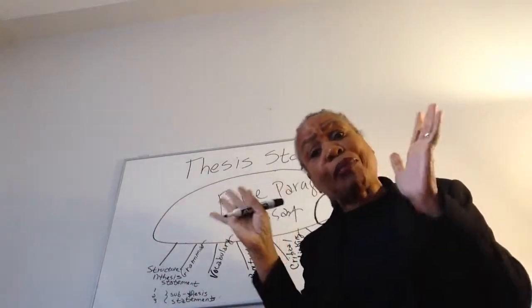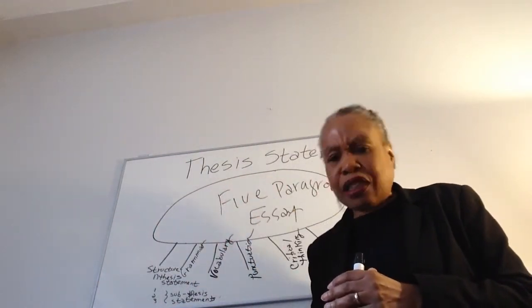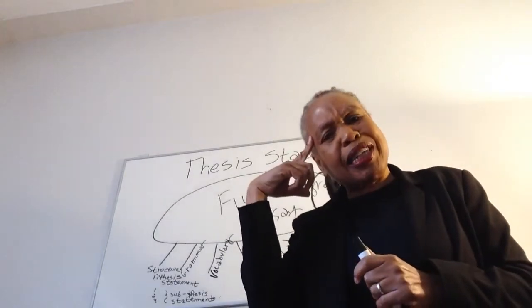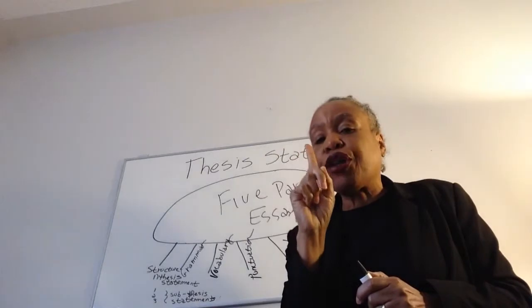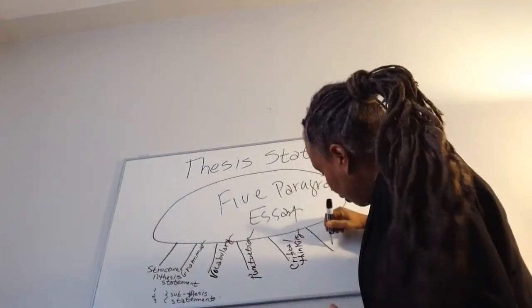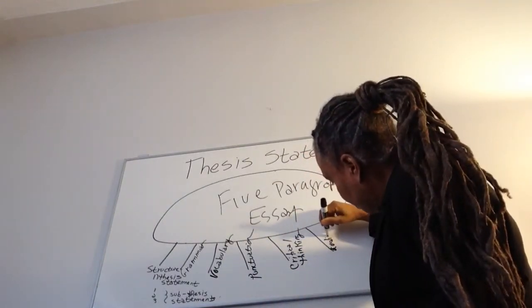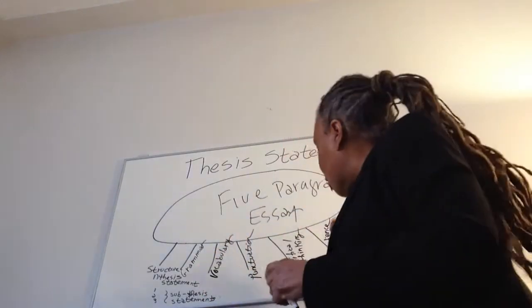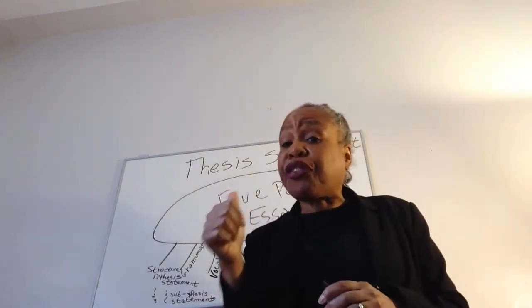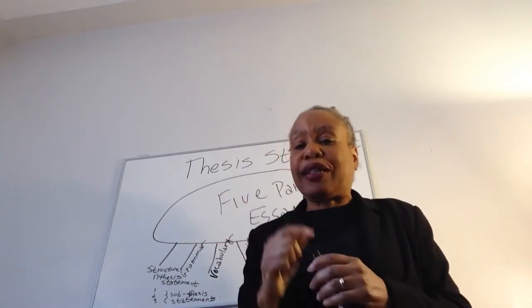Even if you're a grade school or middle school student, it's important to start thinking critically. And the last is audience. Know your audience. So I just put here audience. So when I come back, I'm going to talk in more detail about critical thinking and about your audience.